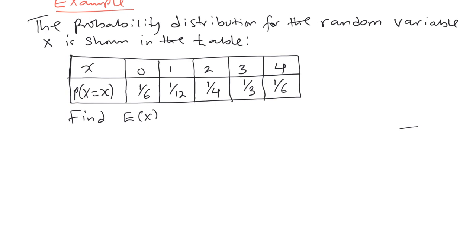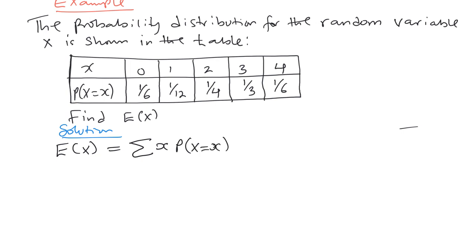All right, this is a super easy example. The question is very simple. It is direct. They want you to find E of X, the expectation of X. So let's write the formula. How do you get expectation? Solution. We know that E of X is the summation of x times the probability that X is equal to small x, for all X values.